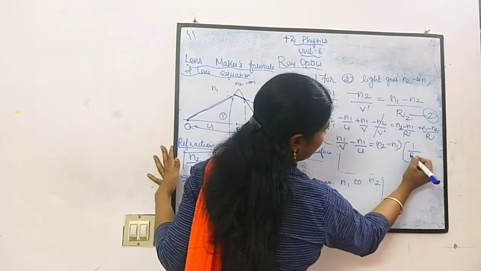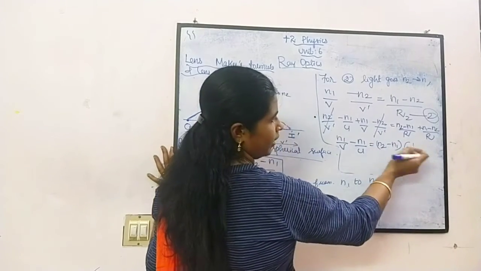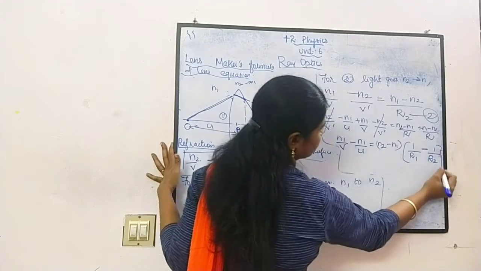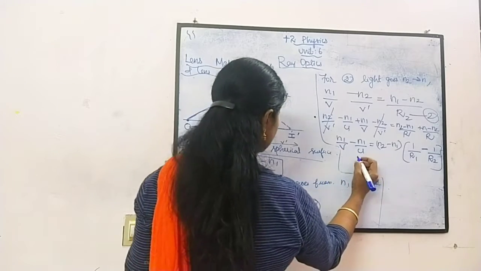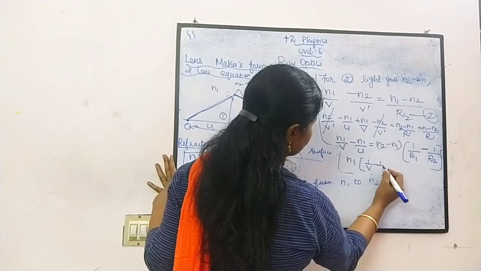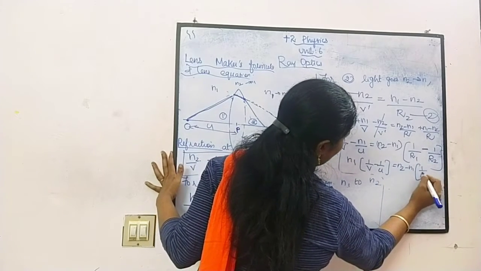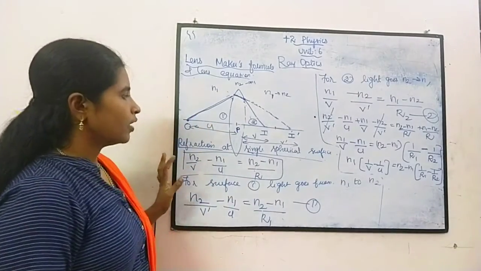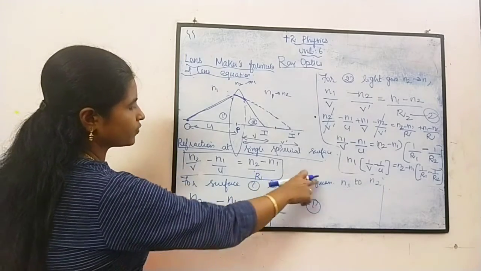So 1 by r1, and this is my n1 minus n2; I have taken n2 minus n1, so this becomes minus 1 by r2. Here you can take n1 common and write it as n1 into 1 by v minus 1 by u equal to n2 minus n1 into 1 by r1 minus 1 by r2. Can you understand? First we have taken for surface 1 light goes from n1 to n2.